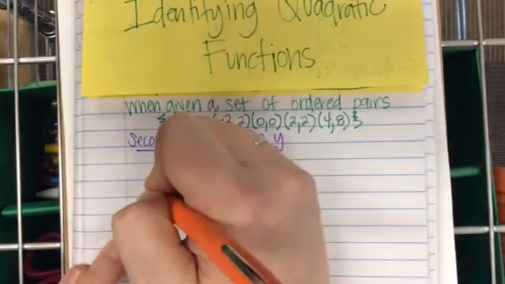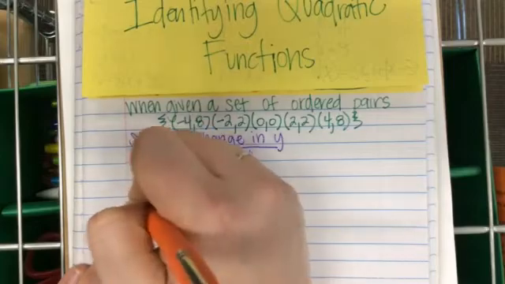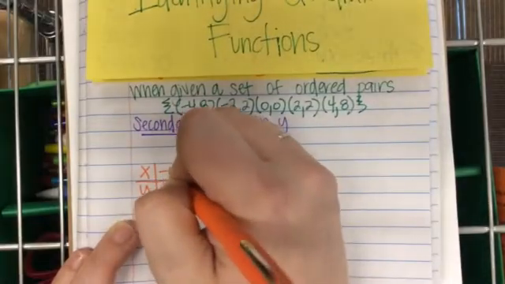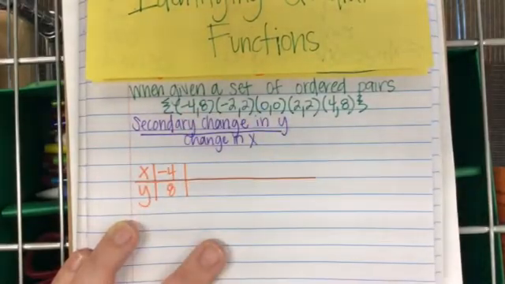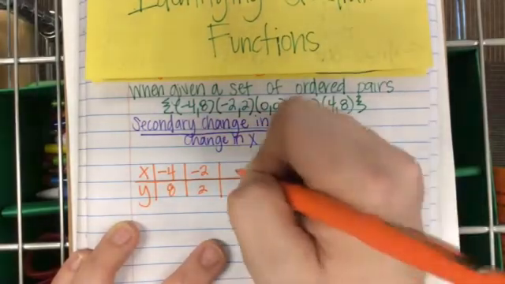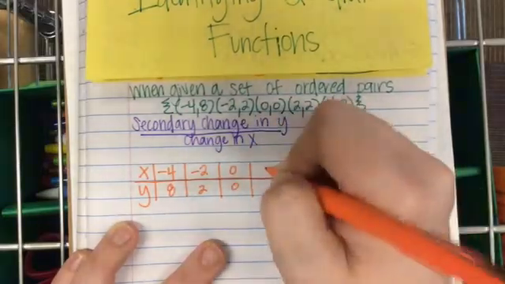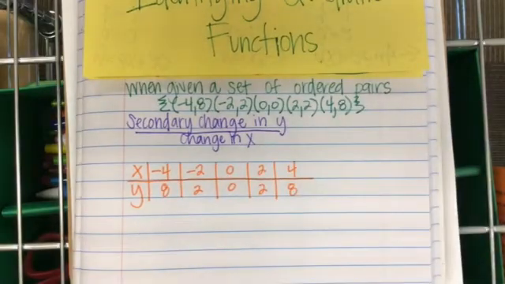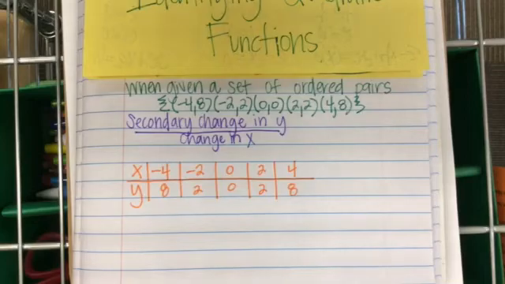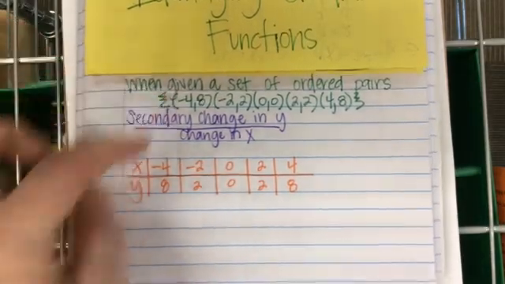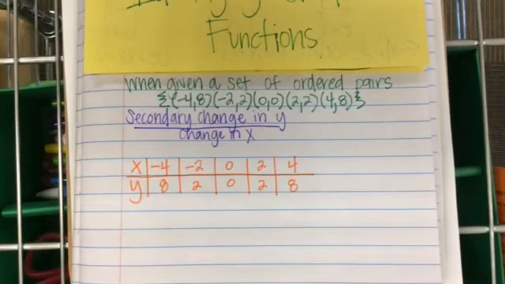So I like to write it in a table form just because I think that's easier sometimes for our brains to see. So -4, 8; -2, 2; 0, 0; 2, 2; and 4, 8. I just took this same relation, group of ordered pairs, and put it in a table because it's sometimes easier for me to look at.